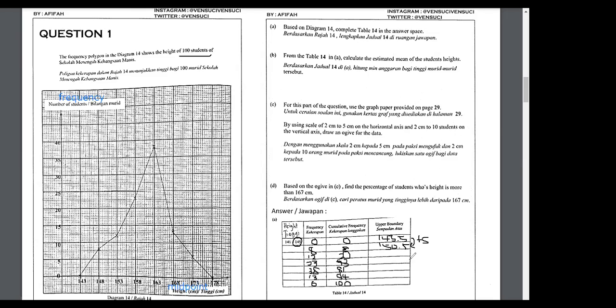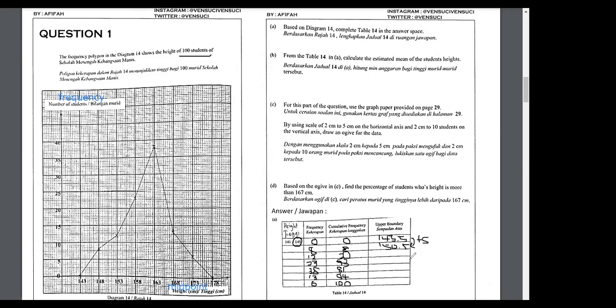And then the fourth one, you also plus 5. It's like a progression. You just plus 5 for every number. So 155.5 plus 5 equals to 160.5. The next one is 160.5 plus 5 equals to 165.5. And then the next also, 165.5 plus 5 equals to 170.5. It's the same.